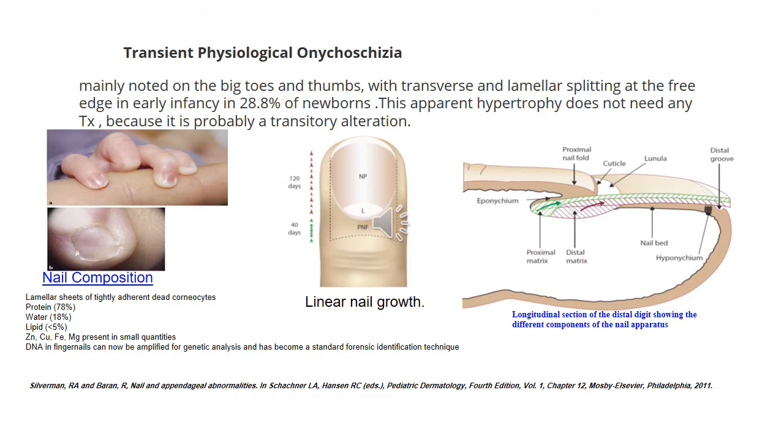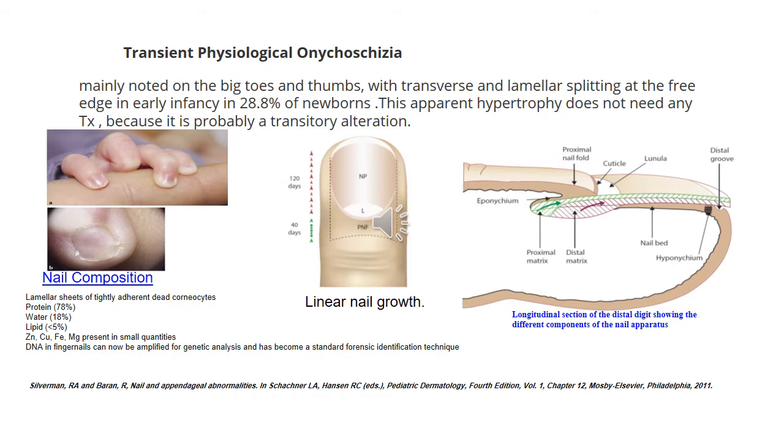Here you see the longitudinal section of the distal digit showing the different components of the nail apparatus. This is the proximal nail fold, this is the cuticle, and the white area is the lunula. Here the distal groove, this is the hyponychium, and this is the eponychium.